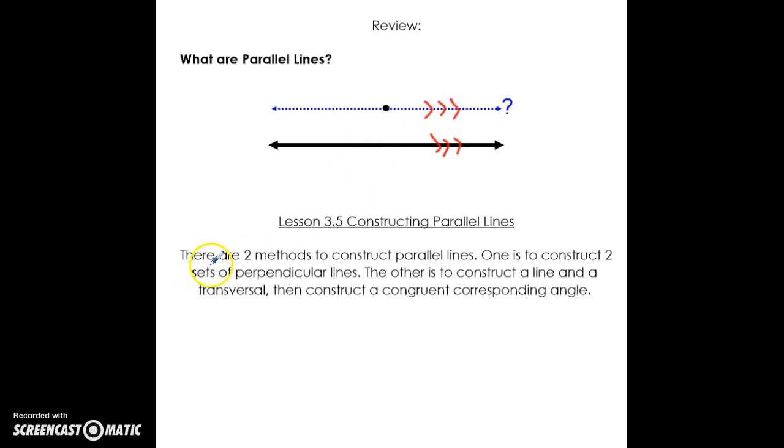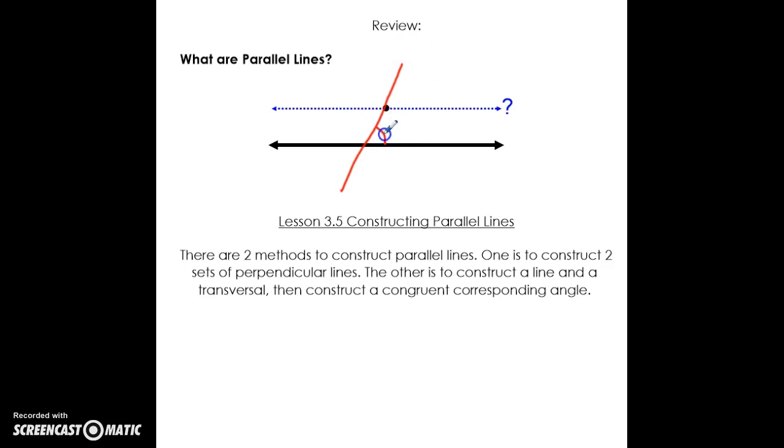So there's two methods to construct parallel lines. One is to construct two sets of perpendicular lines. So first you start with a line, construct a perpendicular, and then off of that new line you would construct another perpendicular, creating the parallel line. Another way to construct the parallel lines would be to start with just any old line, and going through your point, create a transversal.